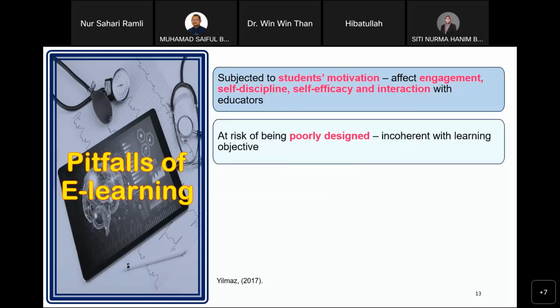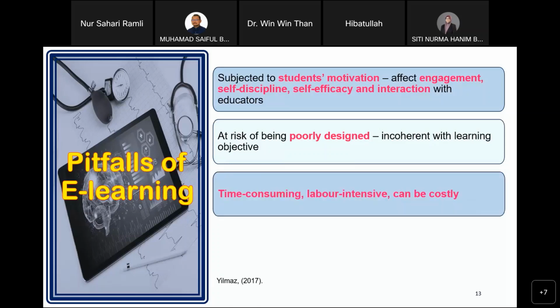Apart from that, it is very easy for e-learning to be poorly designed. Poorly designed e-learning can cause incoherent material to be included, cause the learning objectives not to be met, as well as impose a lot of extra cognitive load on the students. On the other hand, if we were to produce a really well-designed e-learning, it will be time-consuming, labor-intensive, and can also be costly depending on the tools that we are going to use.